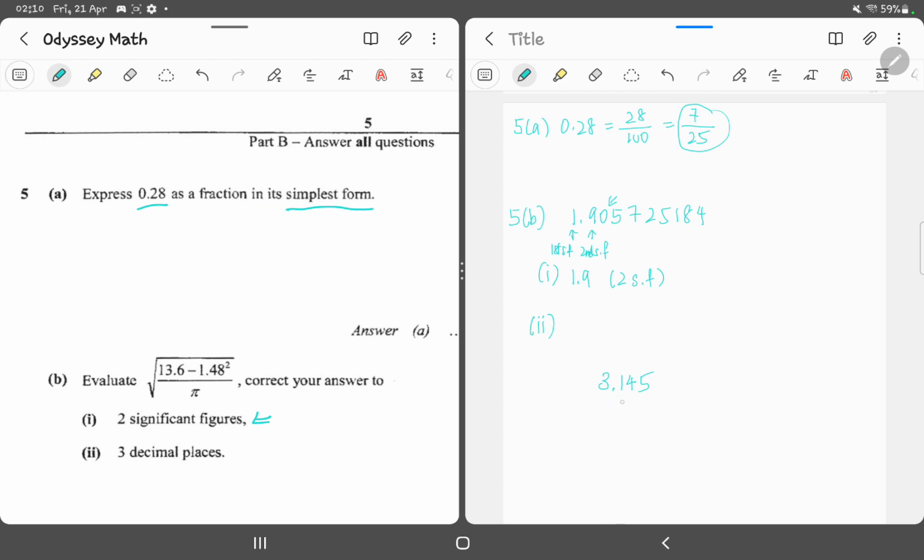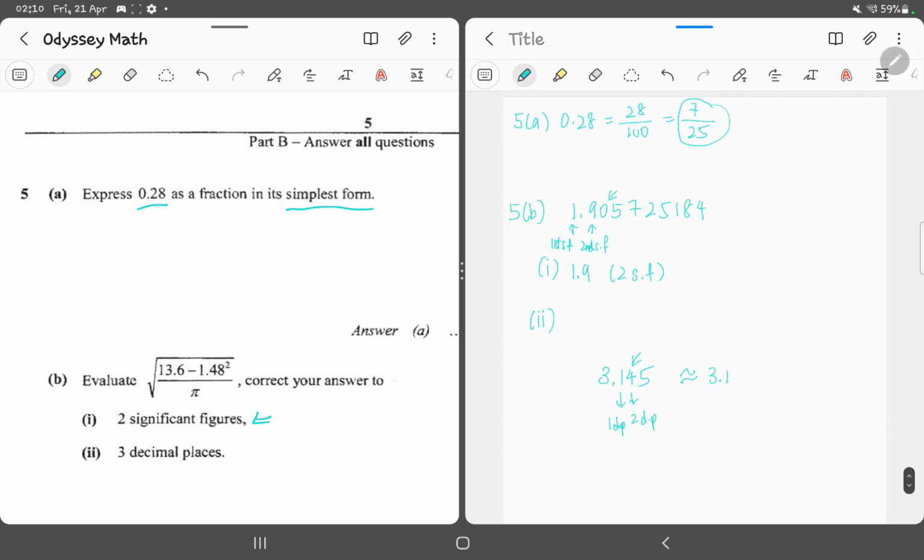In this case, the digit 1 is the first DP. The second digit, the digit 4, is the second DP. So if I were to round off to 2 decimal places, this 4 over here is the second decimal place. I look at the number to the right, it's 5, so we round up. So it's 3.15. So this is 2 DP.